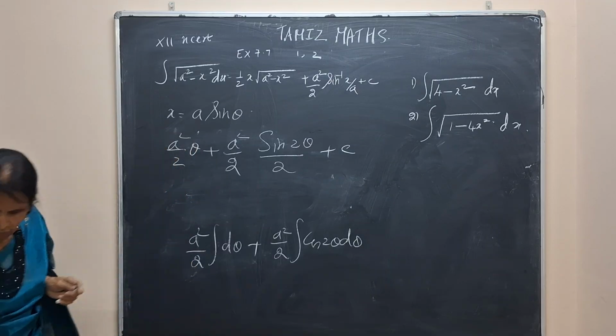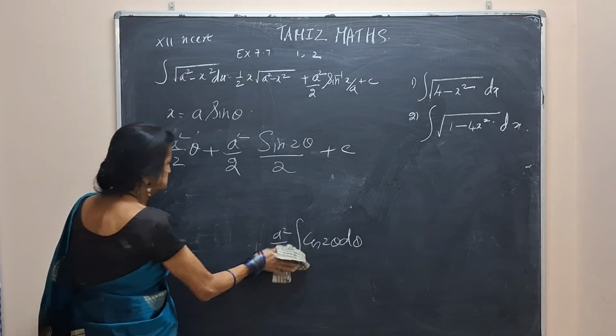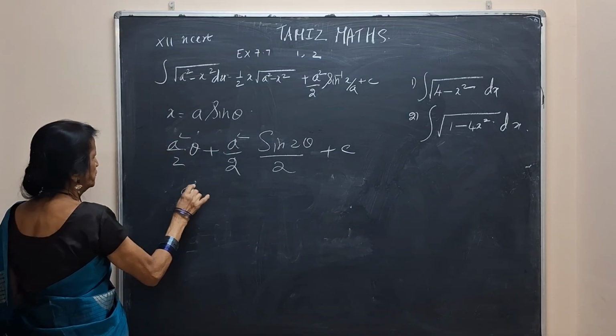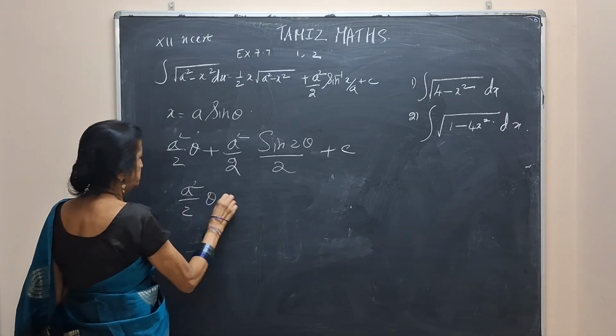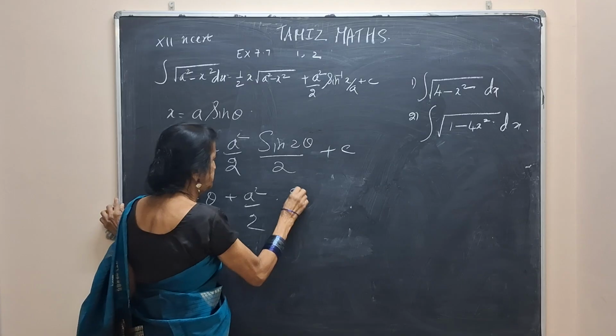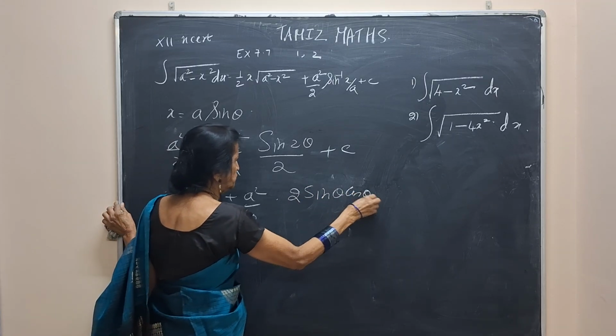So this will now be a square by 2 theta. At last I put plus a square by 2 sin 2 theta, which will be 2 sin theta cos theta by 2.